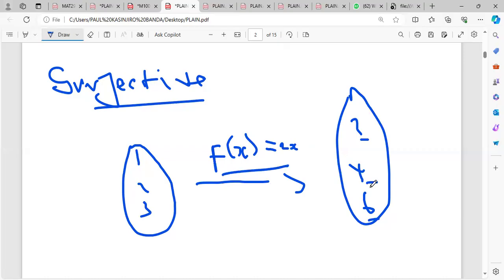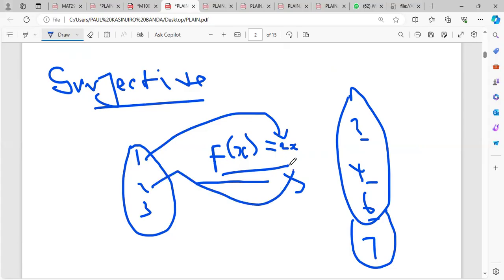Let's say, for example, in this set, maybe I had an extra element here. Maybe I say 7. You can see that this one won't be a surjective function, because not all of these elements here will be obtained by inputting the elements of this set into this function. None of these inputs will give us a 7 there. So this will not be a surjective function.